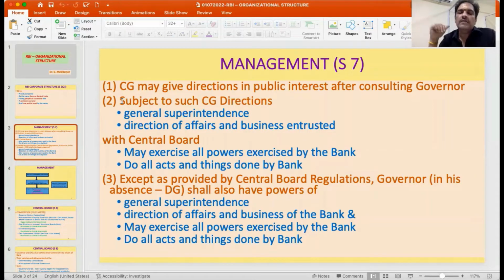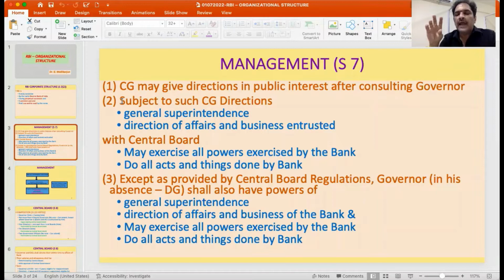Then subject to these directions given by the central government, the general superintendence and direction of the affairs and business entrusted to Reserve Bank of India will be handled by the central board, and they will exercise all powers exercised by the Reserve Bank and do all acts and things done by the Reserve Bank of India. So the second tier after central government's direction is the central board.